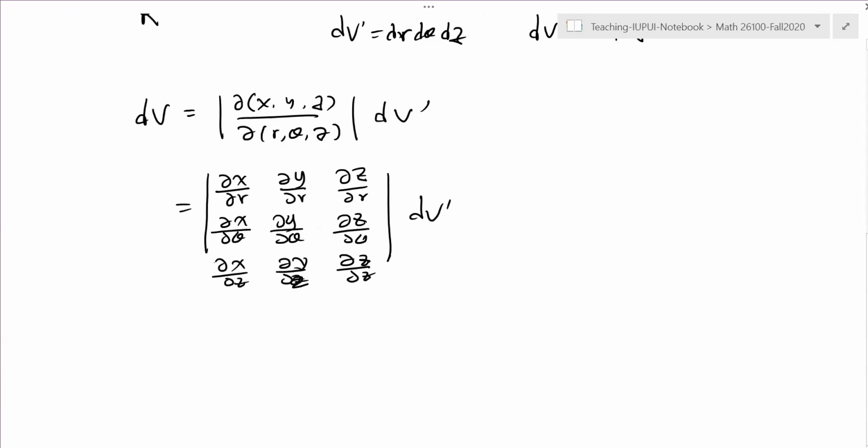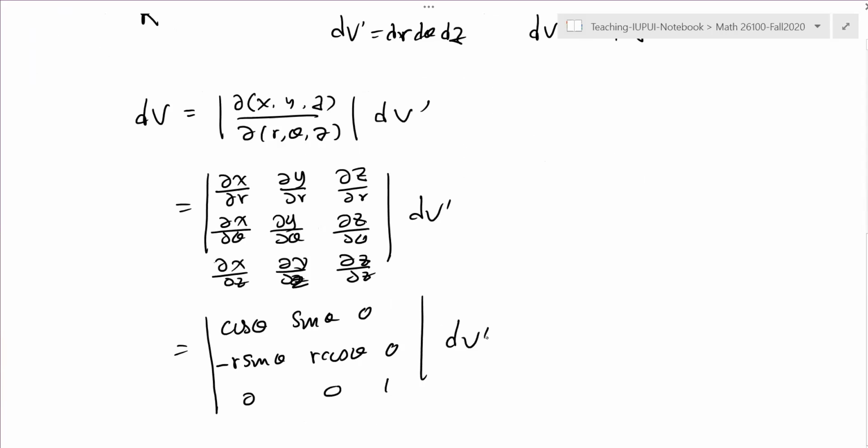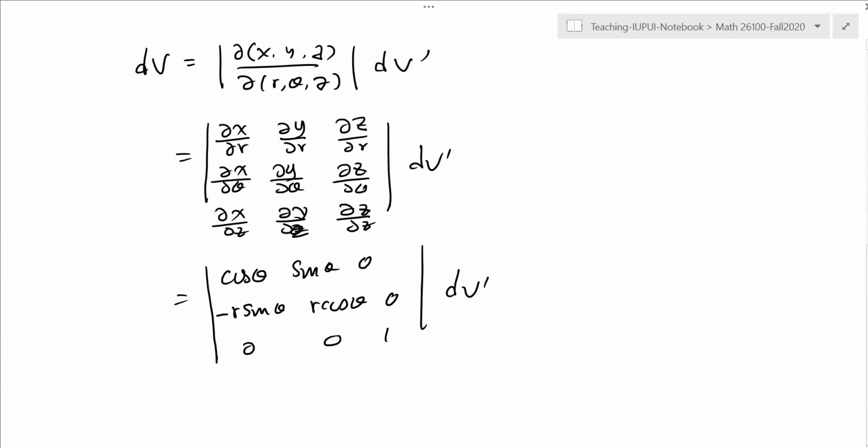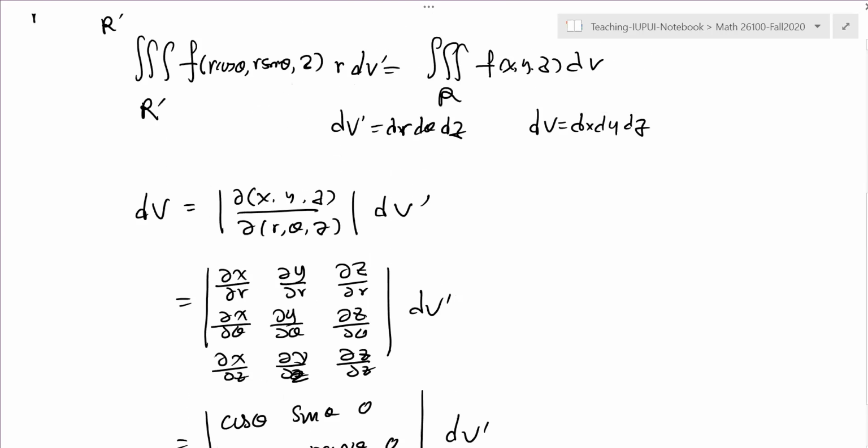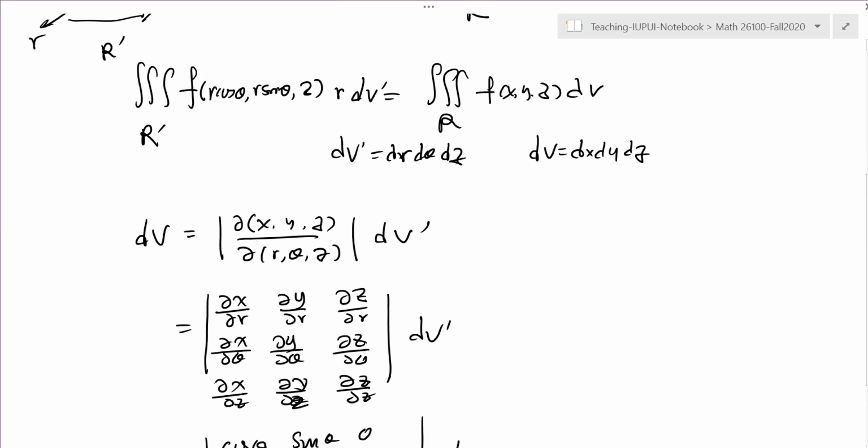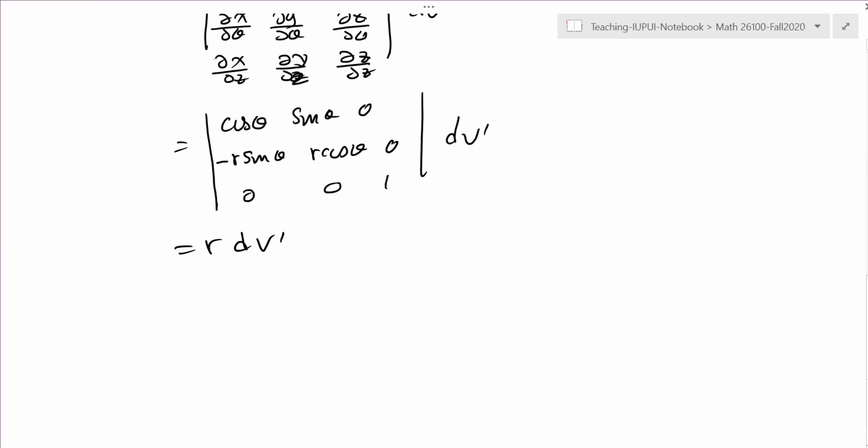As a matrix, you will see that it is cosine theta, sine theta, and 0, because z equals z has zero derivative with respect to r. And differentiating with respect to theta gives minus r sine theta and r cosine theta. The determinant gives r, so dV equals r dr d theta dz.